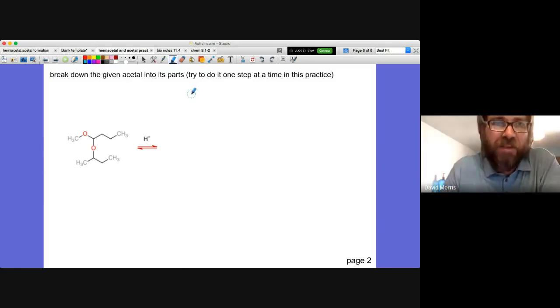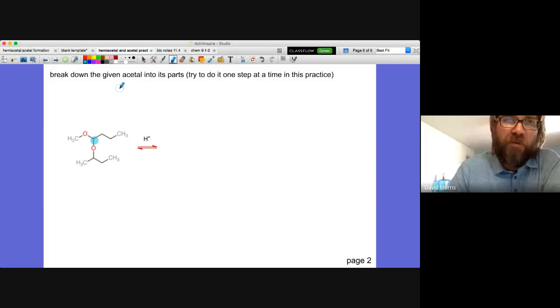So looking at this example, this acetal, hopefully you can see your carbonyl carbon. There's only 1 carbon that's connected to 2 other oxygens, and that would be this carbon right here. So I know that my aldehyde is going to have 1, 2, 3, 4 carbons in it. It's going to be a butanal.